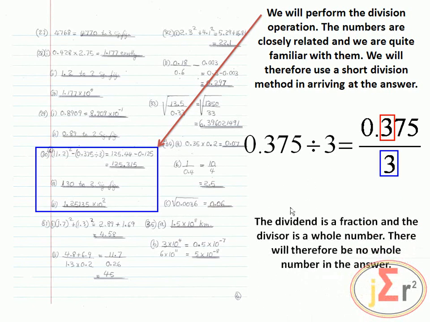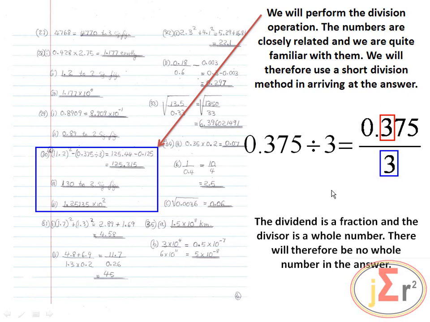First of all, the dividend is a fraction and the divisor is a whole number. Whenever we divide a number by a number that is greater than that number, then we will get a fraction. This one already being a fraction and this a whole number, we are sure that this number is less than this one. Therefore, when we divide, we must get a fraction.